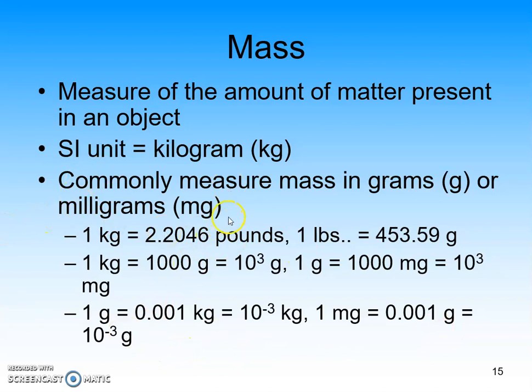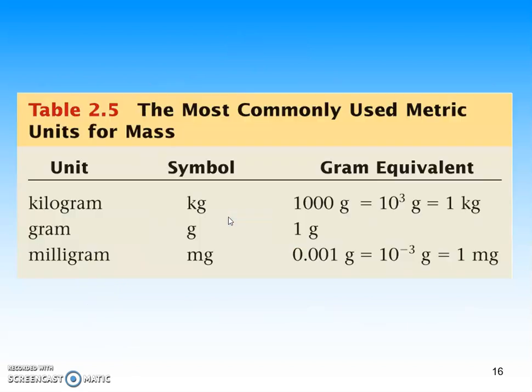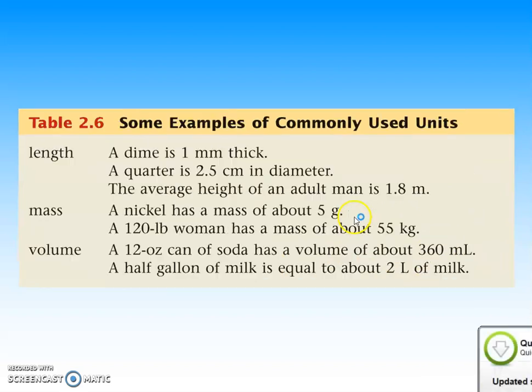So do the practice. It will come if you do the practice. Now friends, you know the kilogram symbol kg, gram g, and milligram mg. So 1000 grams is equal to 10 to the 3 grams, which is equal to 1 kg, and 0.001 gram is equal to 10 to the minus 3 gram, which is equal to 1 milligram.